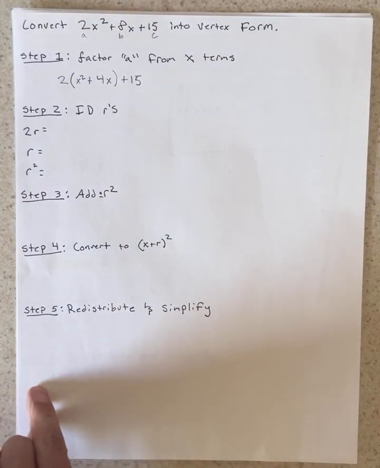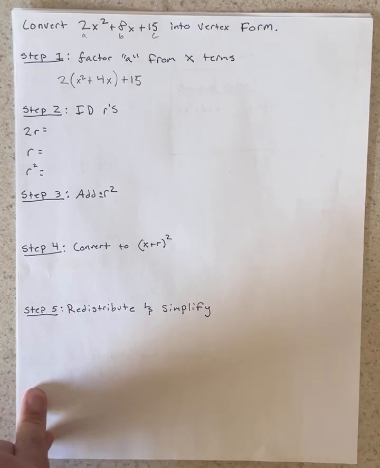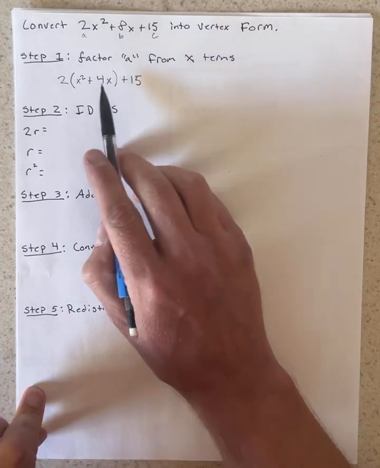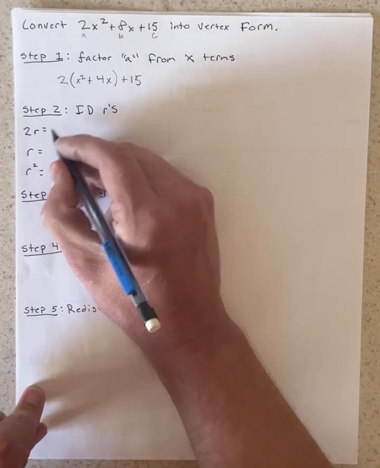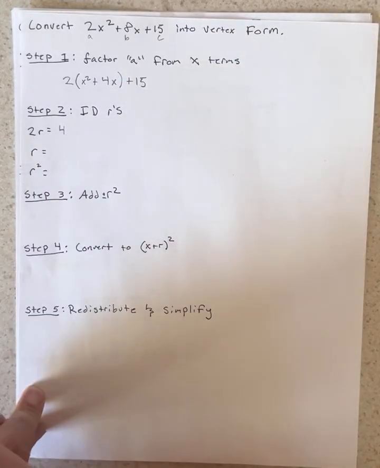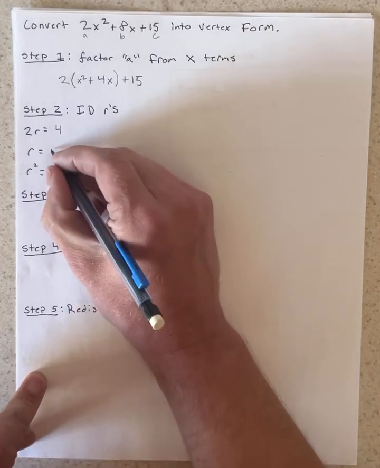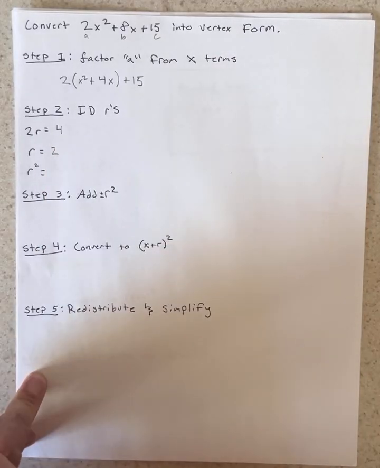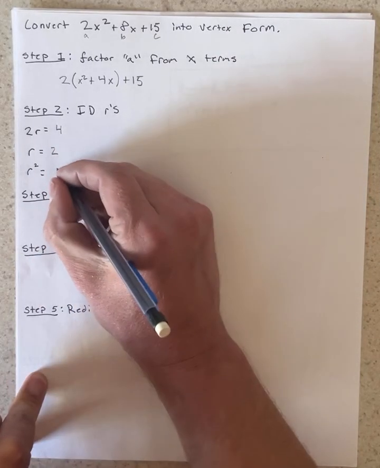Once I've done that, I'm going to identify my r's inside the parentheses, and my 2r is always the b term, which is this right here. So my 2r is 4, which means my r is 2, and 2 squared is 4 as well.